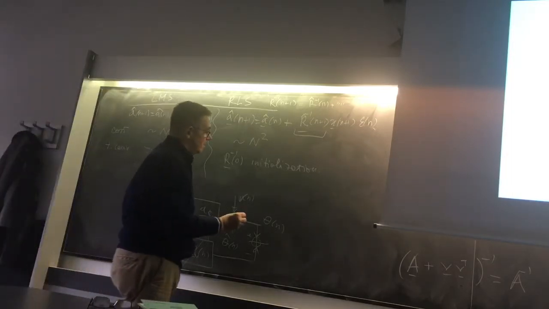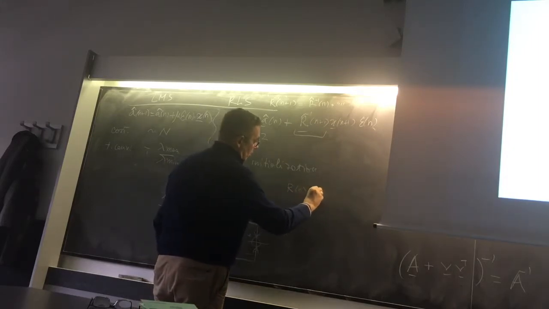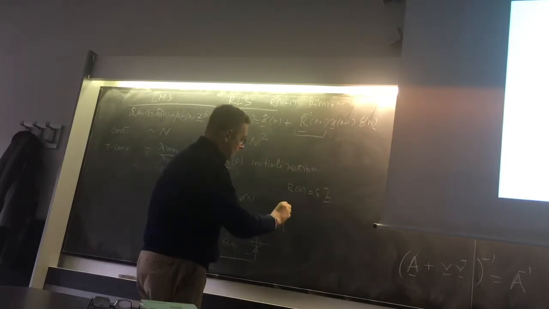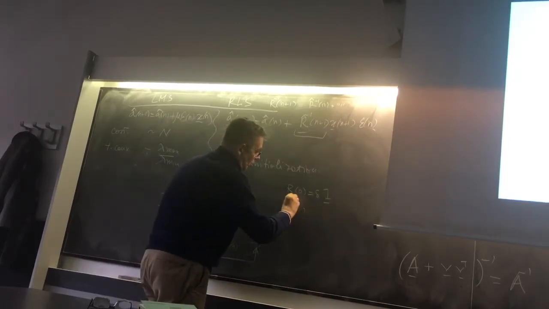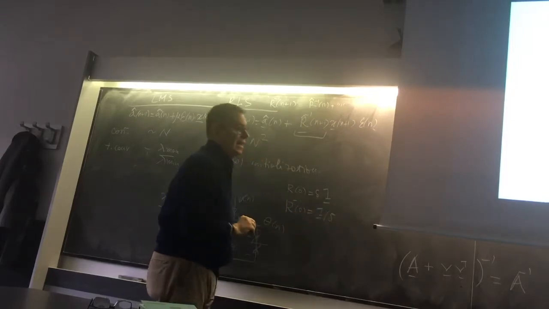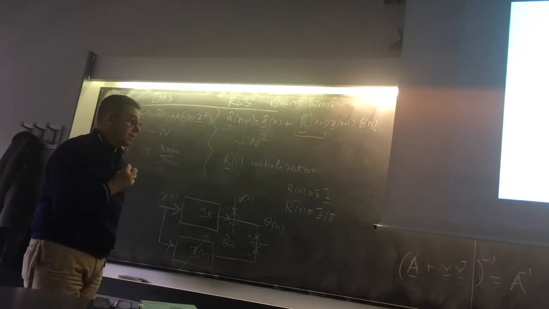So that is not a good initialization. A typical initialization is R_0 equal to a small number times the identity. In this way, R_0^{-1} is the identity divided by the scalar delta. That's a typical initialization.